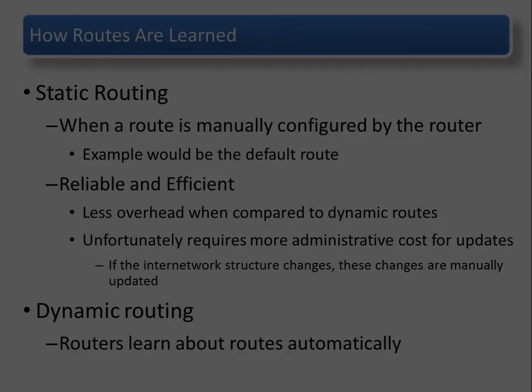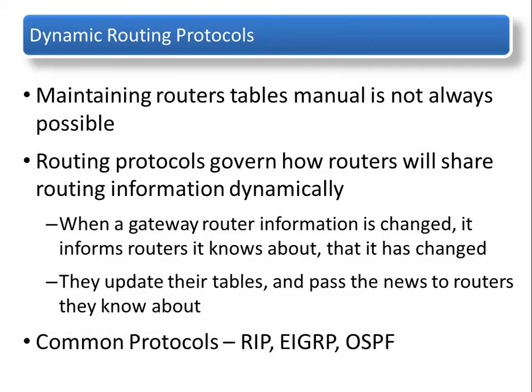Dynamic routes help to overcome this limitation by providing routers with up-to-date routing tables without the need of an administrator. Routing protocols are the set of rules by which routers dynamically share their routing information. As routers become aware of changes to the networks for which they act as the gateway, or changes to links between other routers, the information is passed on to each other.